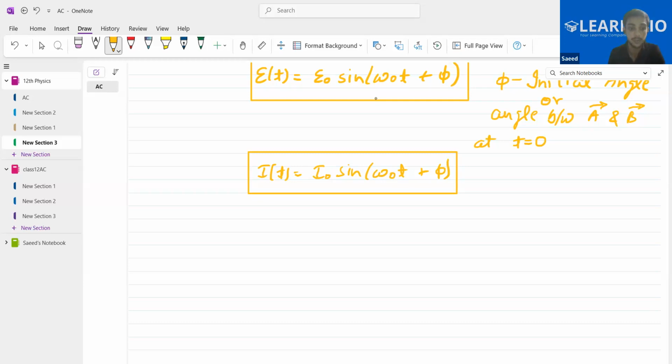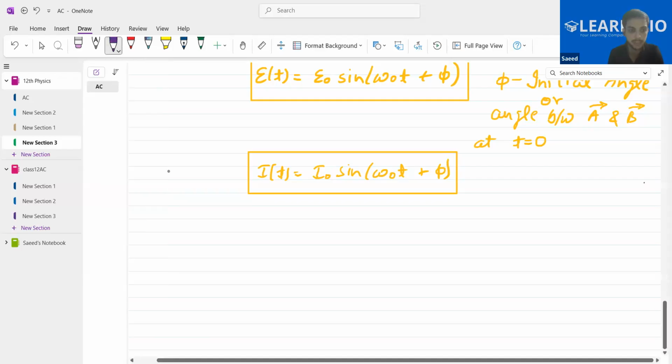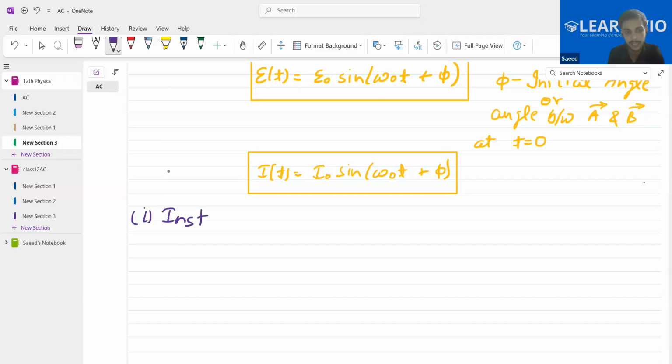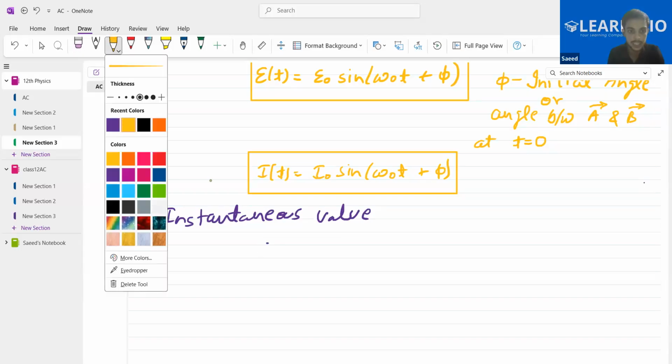For that we define different values of this varying AC. Some of them we covered in the previous class also. I'll repeat it again because it does not take a lot of time. Instantaneous value will be given by the equation itself.